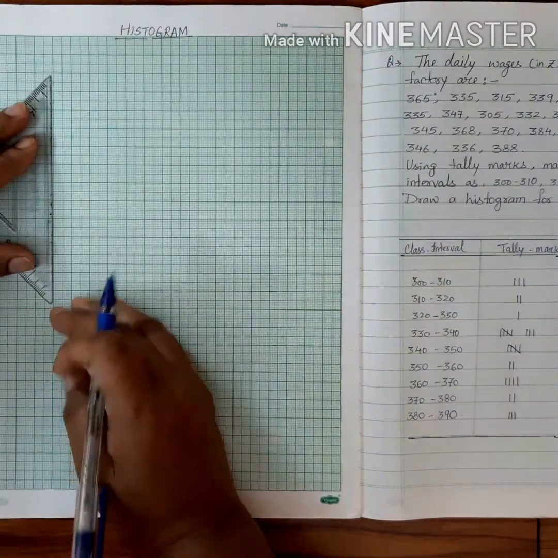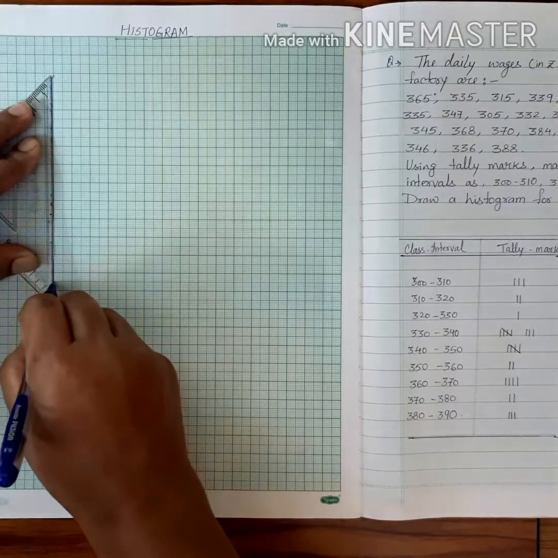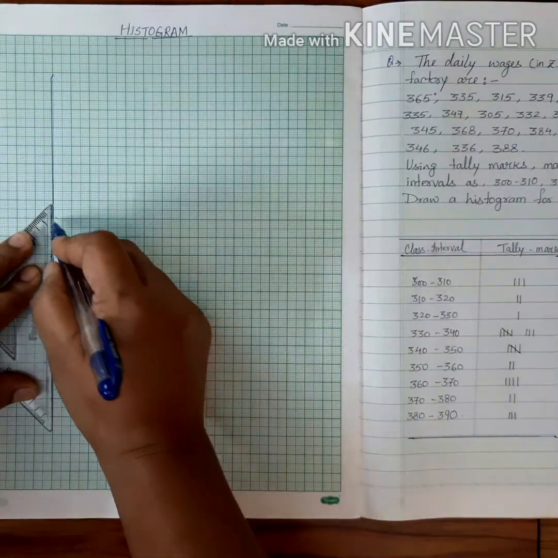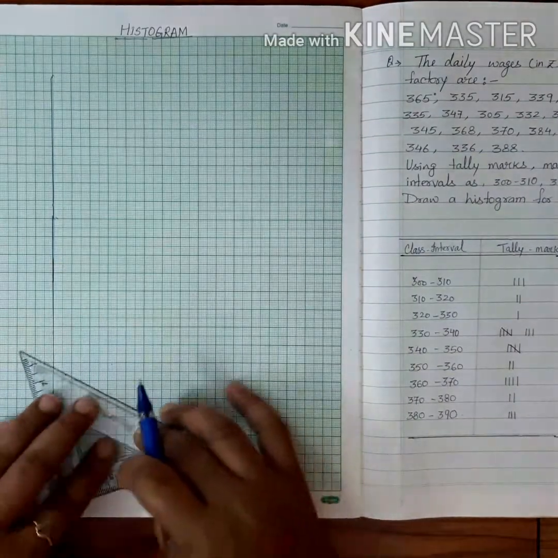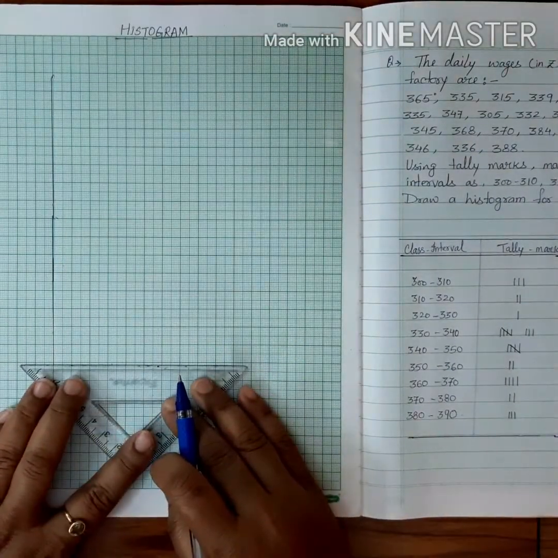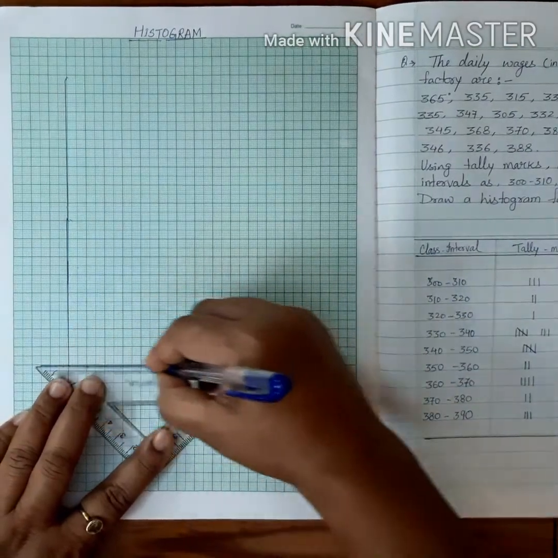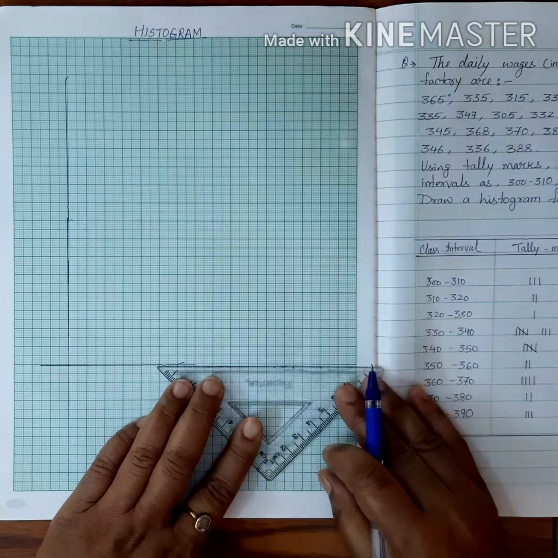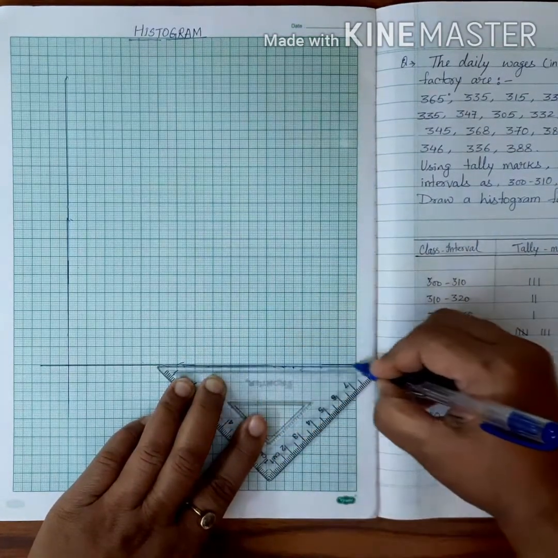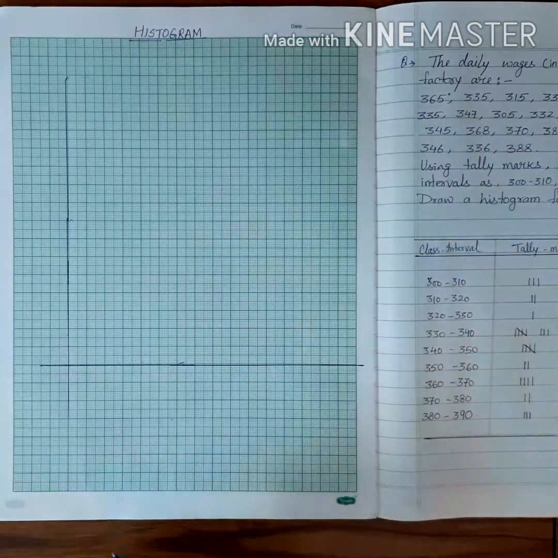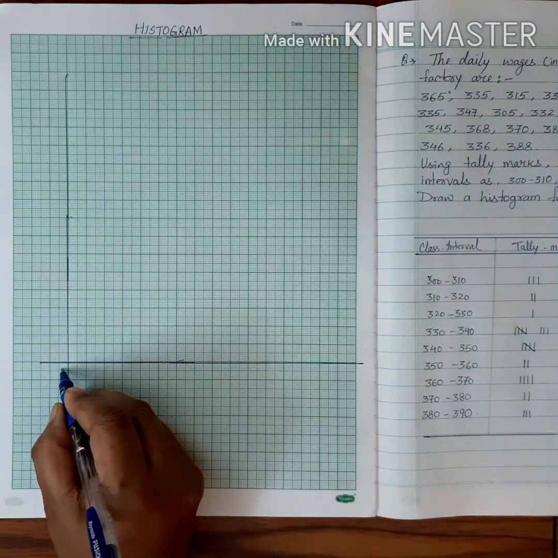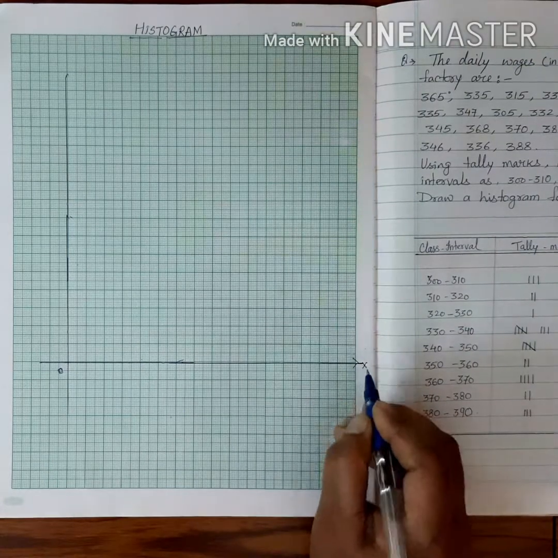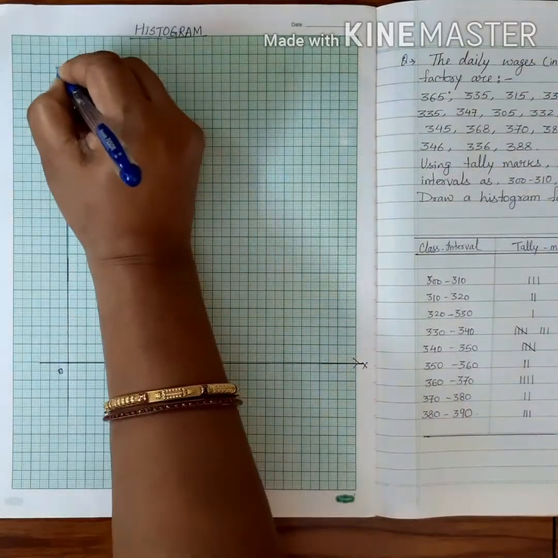First you draw the x and y axes, meaning two perpendicular lines. Here is the O point, this is the x-axis, and this is the y-axis.